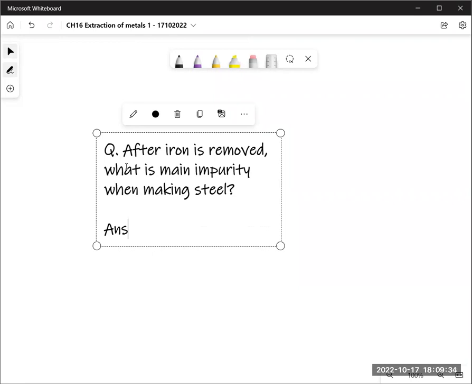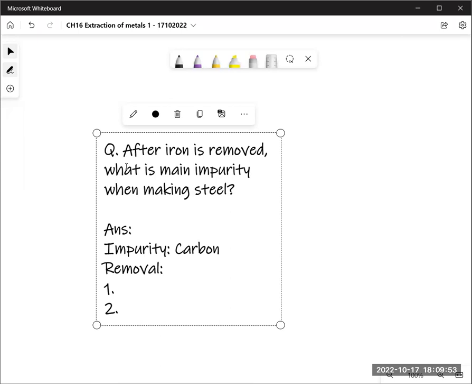Answer is, impurity is carbon. And the removal is step 1, step 2. The removal is basically blow hot air, let's say blow or pass oxygen through molten iron.